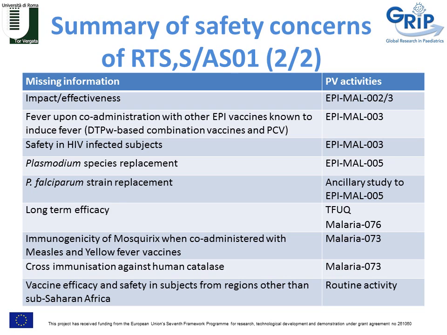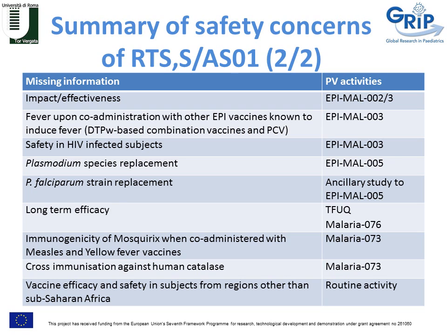Here we have the summary of the missing information. Impact and effectiveness of RTSS, fever upon co-administration with other EPI vaccines known to induce fever, safety in HIV-infected subjects, Plasmodium species replacement and Plasmodium falciparum strain replacement, long-term efficacy, immunogenicity of RTSS when co-administered with measles and yellow fever vaccines, cross-immunization against human catalase, vaccine efficacy and safety in subjects from regions other than Sub-Saharan Africa.